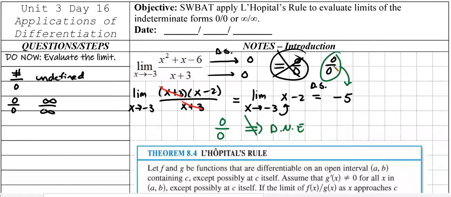And to find it, you have to take limits of functions that give you 0 over 0 and do something with the limit so that you can get a limit value. Now, not all the time will 0 over 0 give you a limit value. And in this lesson, we're going to be seeing some examples where 0 over 0 actually gives us values, just like in the do now.